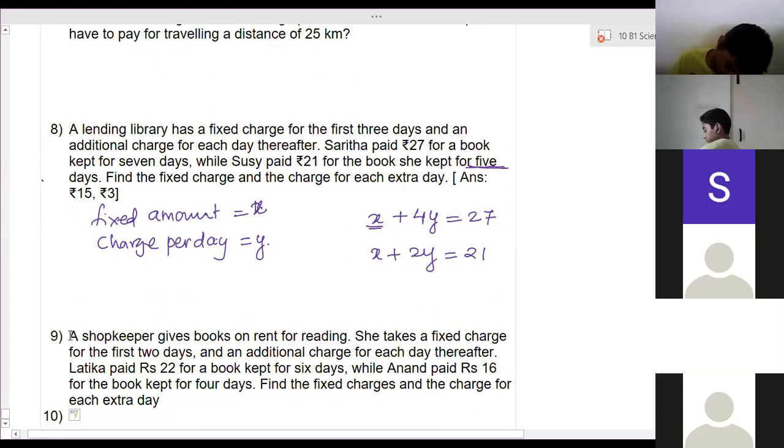Now is it 15? Yes, right. Ma'am, the charge per day is 3 rupees.